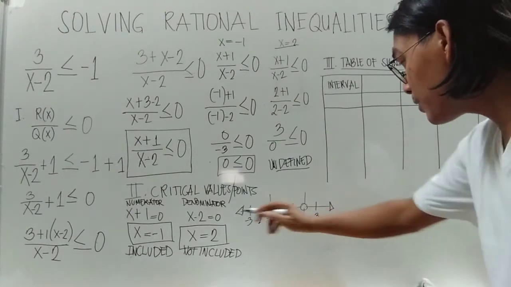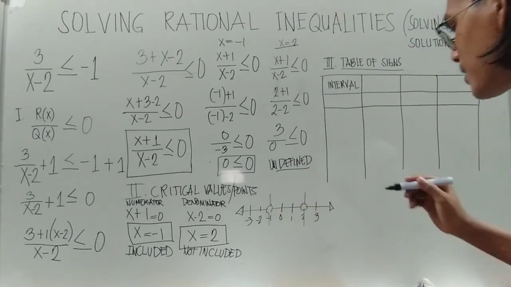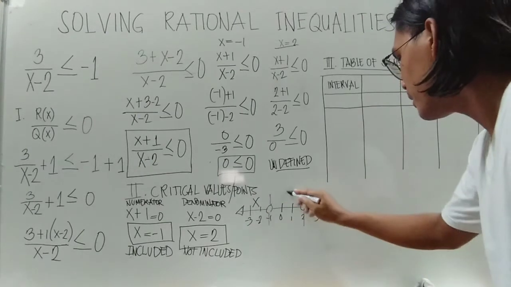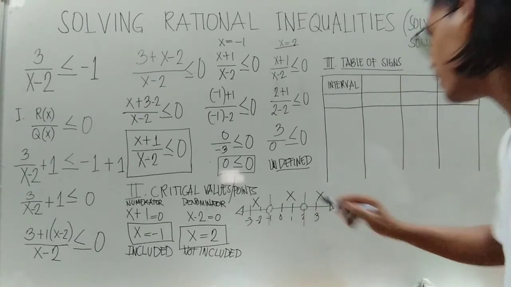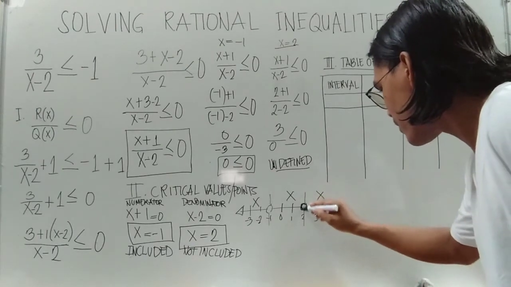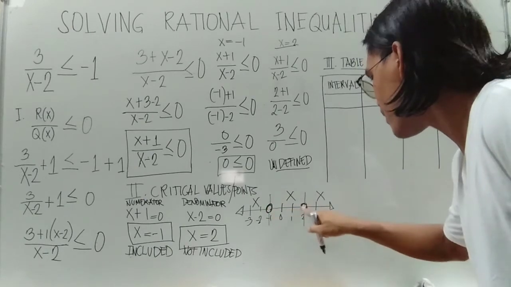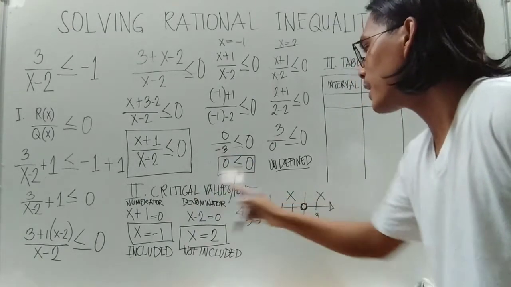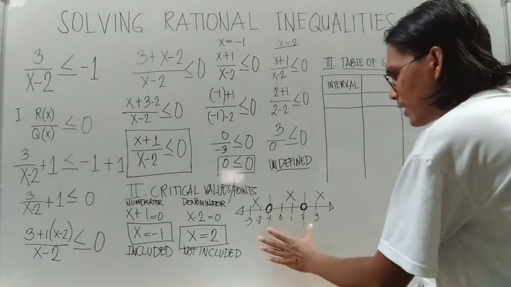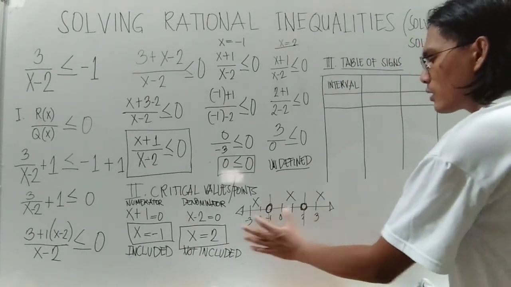The values on this line graph are possible values of x, so we can put x in here, and x in here. Okay? Just focus on these circles. These circles denote your critical points, or critical values, which again are negative 1 and positive 2.